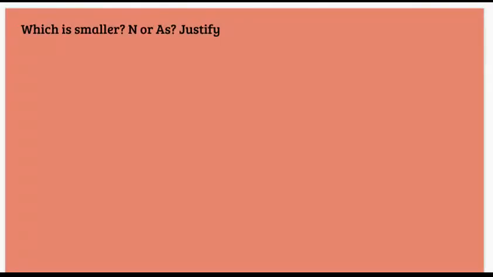So we go over here and we write our claim first. So nitrogen is smaller, and I apologize for my handwriting, it's hard to write with this pen, than arsenic. Now, I have to provide evidence. All right, so nitrogen, you could tell how many energy levels it has.